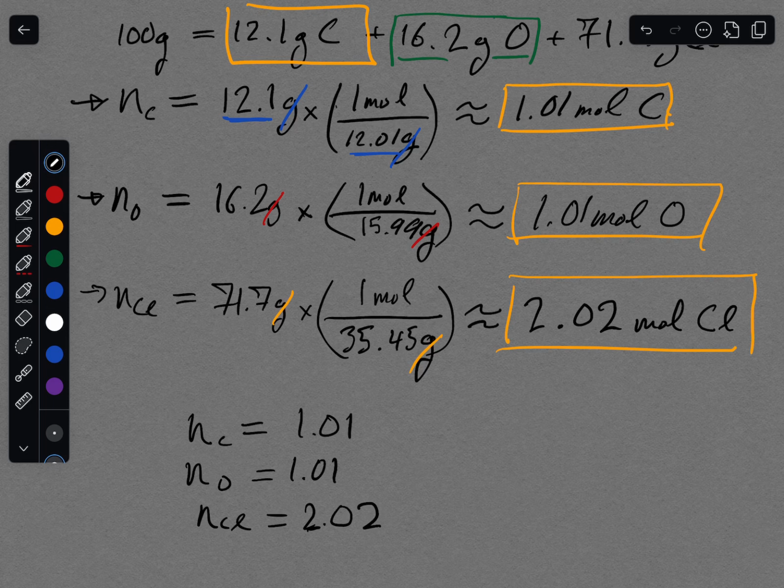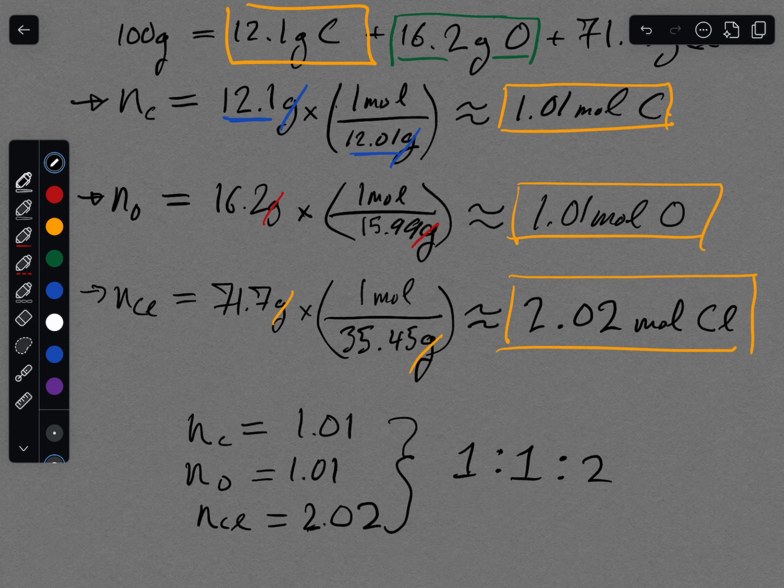Okay, so we allow for the possibility of there being some experimental error here, or even rounding error that could have led to things not being exactly integers. So I can look at this and say, hey, this looks a lot like a ratio in the form of 1 to 1 to 2.